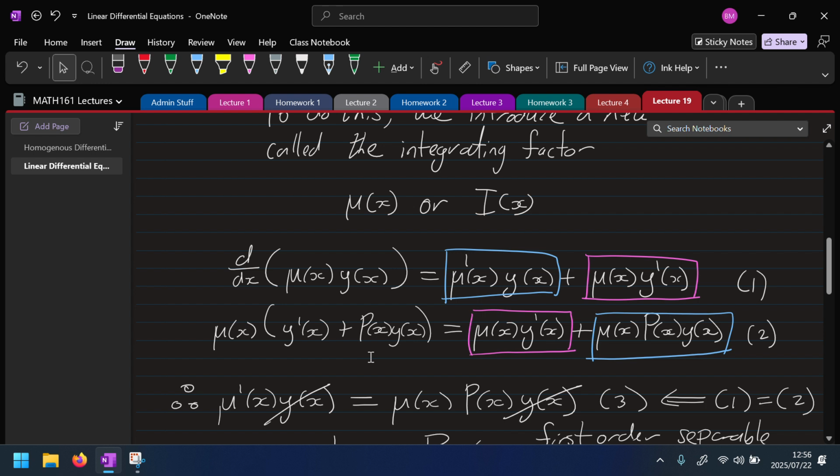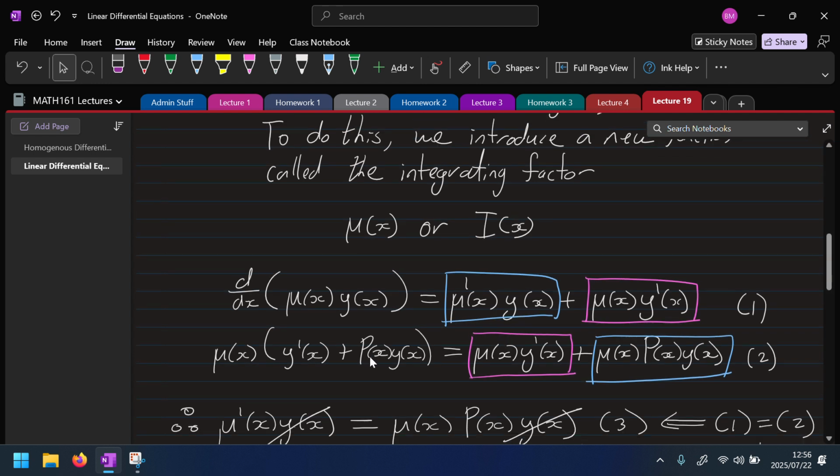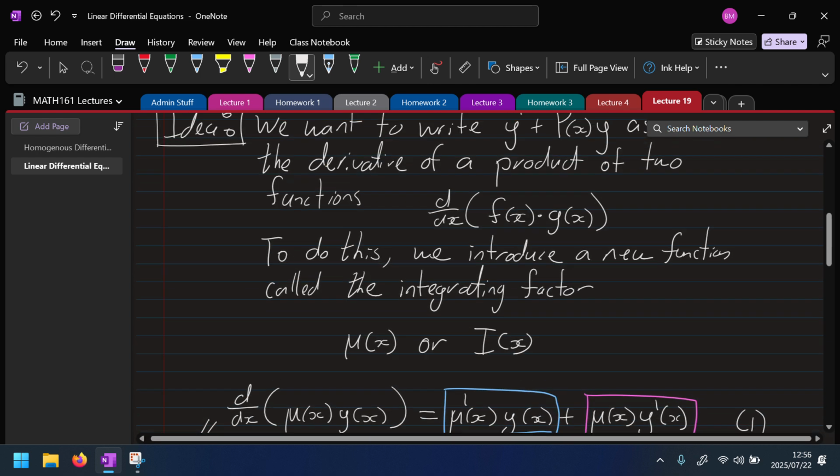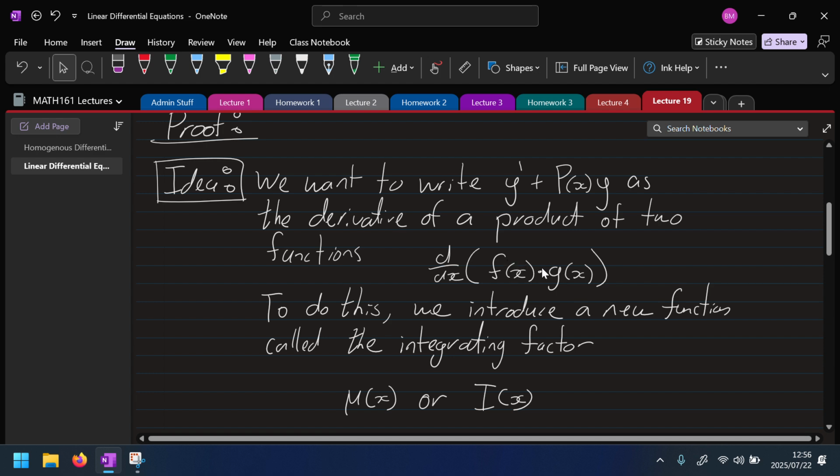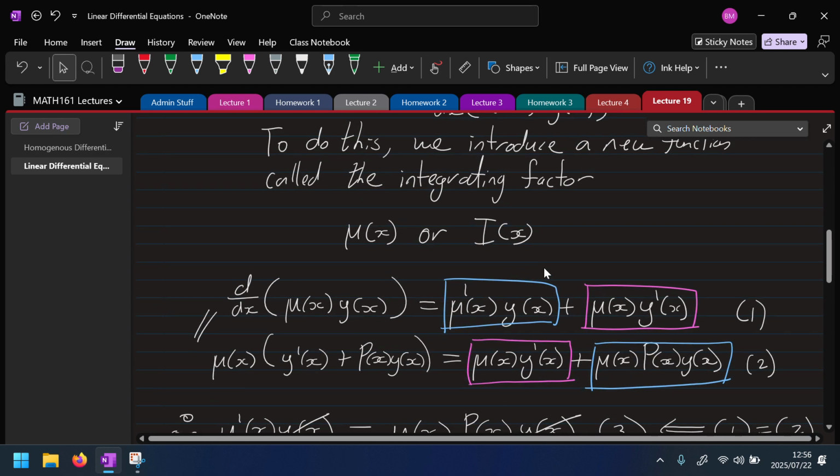Because it's f times g, you have to multiply by something. And we want to write that as the derivative of a product, that's equation 1. And we want those to be the same. So this is what we want to be equal. So we want the left-hand sides to be equal from here. Okay. Now, if the left-hand sides are equal, the right-hand sides are equal.